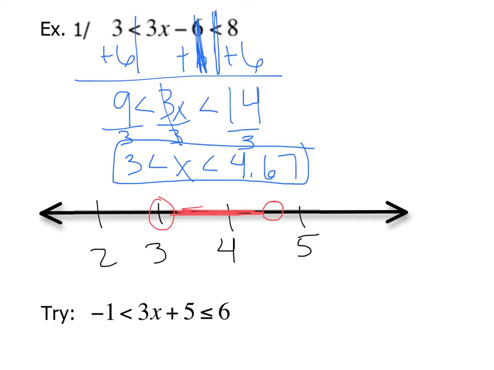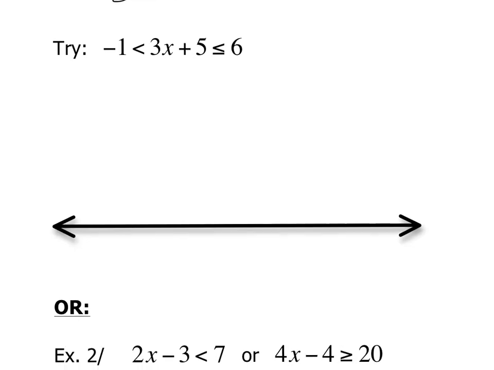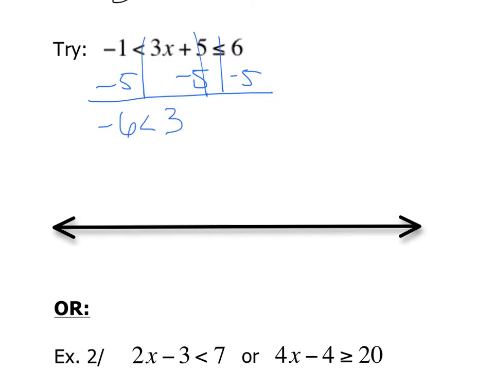Okay. Now go ahead and try the second example on your own. So I did the first step here by subtracting the 5. What's negative 1 minus 5? Negative 6. Inequality. 3x, inequality. 6 minus 5 is 1.